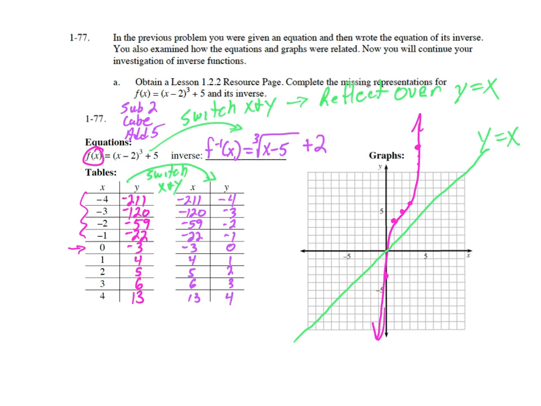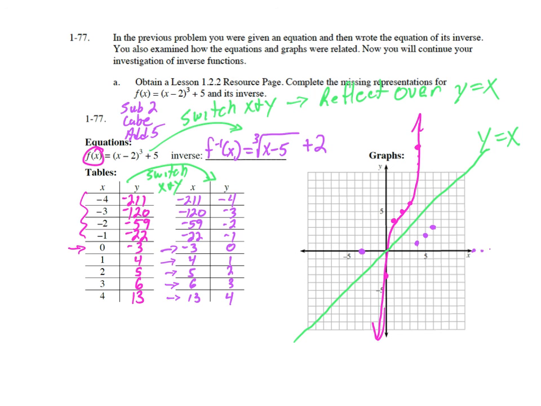So let's plot these same points. -3, 0. 4, 1. 5, 2. 6, 3. 13, 4.